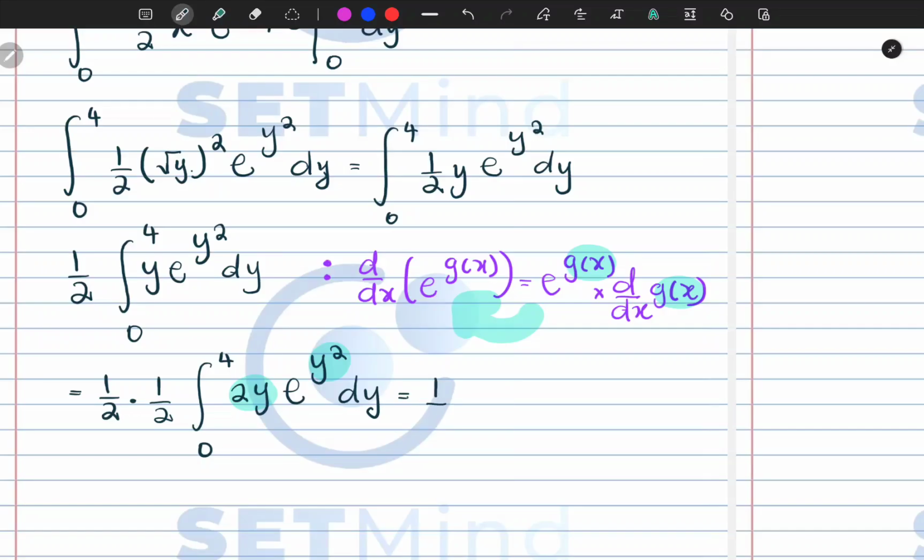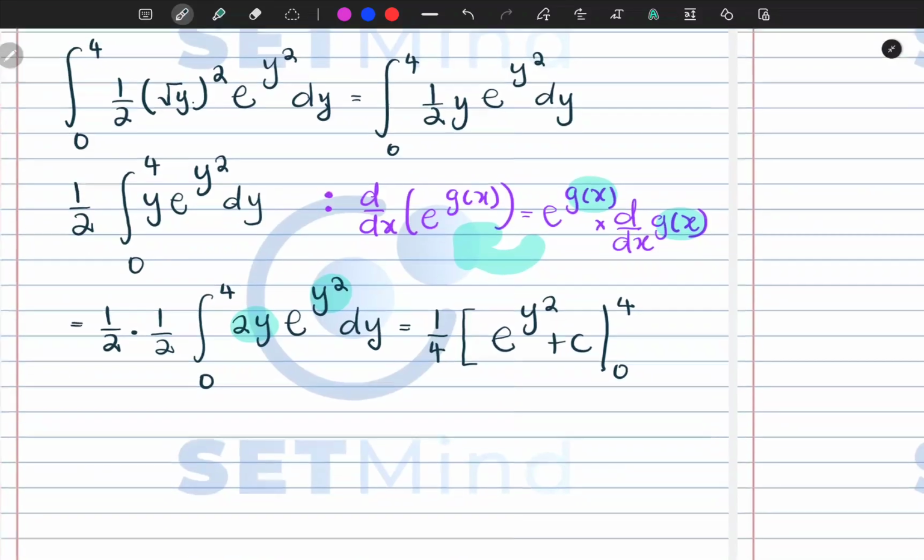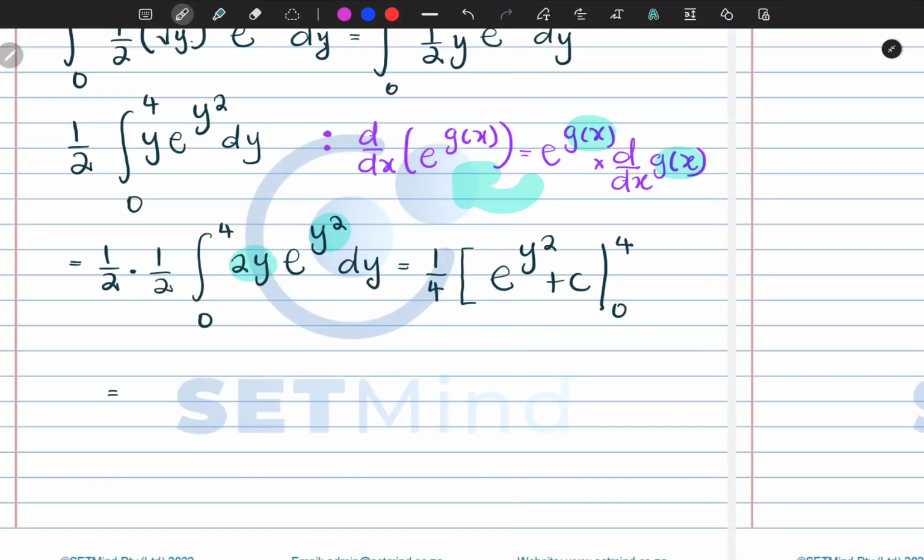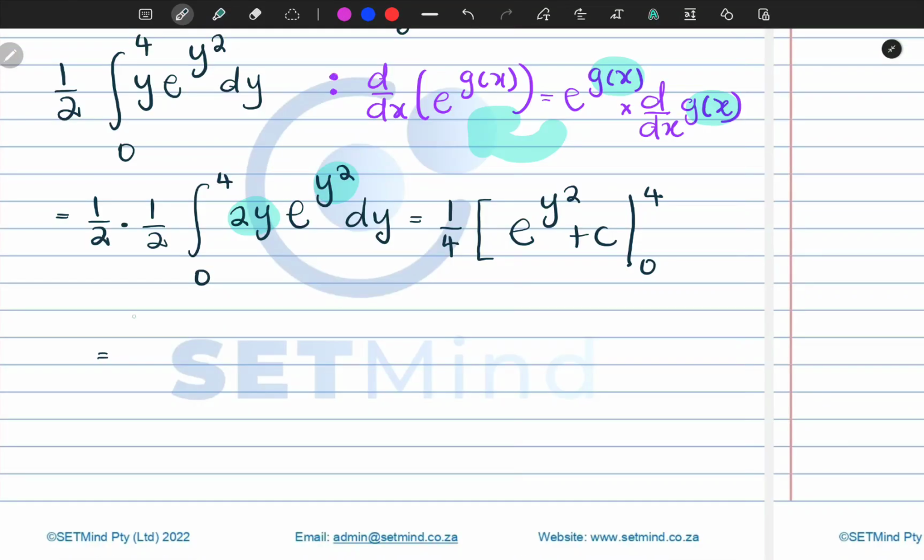So if you look carefully, I'll have 1 over 4. Then when we do our integration, it will be e to the y squared, then plus some constant, evaluated between 0 and 4. So if we substitute there, you'll see that we'll have 1 over 4 e to the 4 squared and then minus e to the 0.